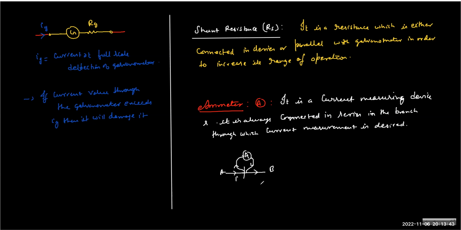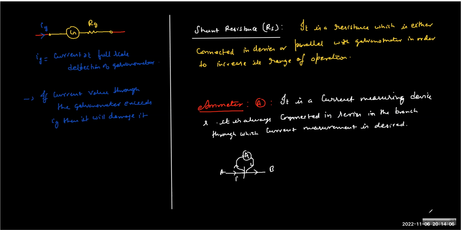And we always want to let the same current flow through the device so that we can measure it all. So our requirement is to measure the current, so it should pass through the device, and therefore it is connected in series. Now the question is how we manufacture ammeter using galvanometer.